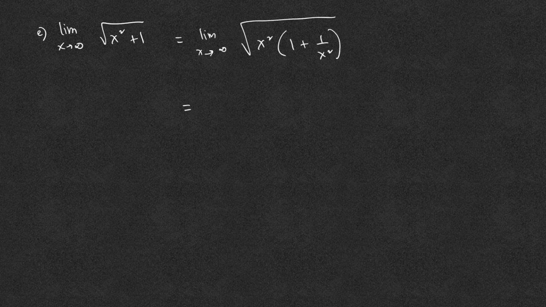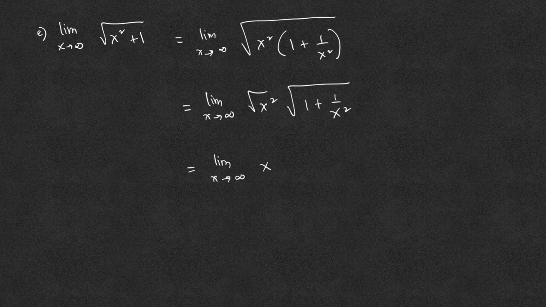And as x goes to infinity, x is positive, and so we can separate the radical by writing the square root of x squared times the square root of 1 plus 1 over x squared. This is the limit as x goes to infinity of x times the square root of 1 plus 1 over x squared.